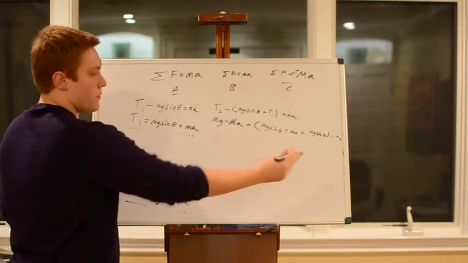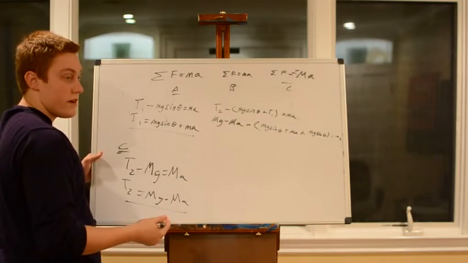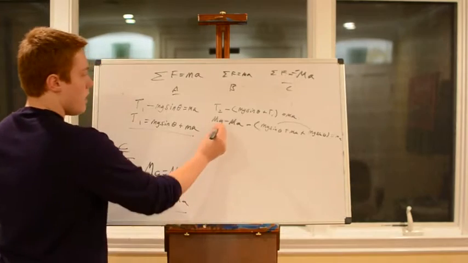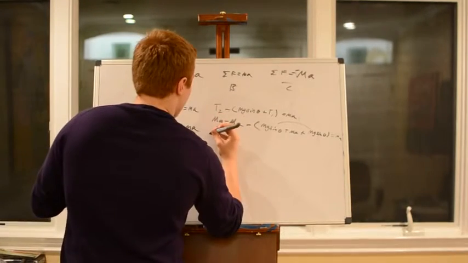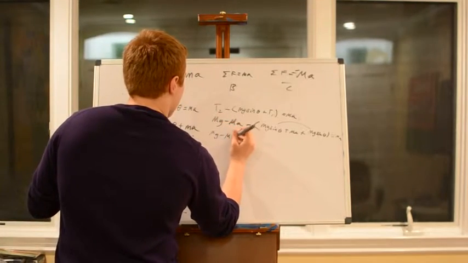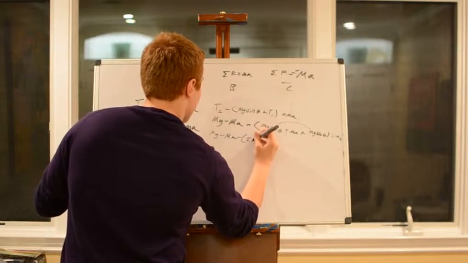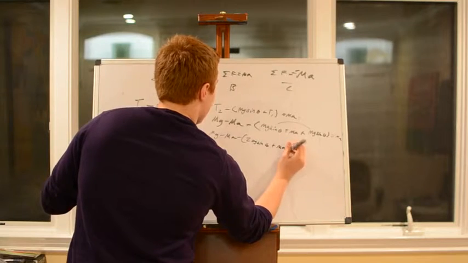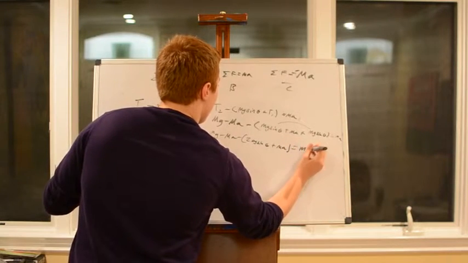Okay, so this is quite a bit to work with, and I'm going to get rid of some terms to make it easier to see. Here we have two mg sine thetas. So I'm just going to start there. So mg minus Ma minus 2 mg sine theta plus little ma equals Ma.